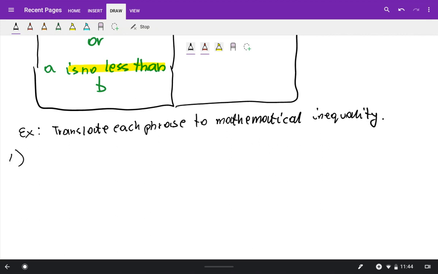Okay, so the first one will be: Bill needs a score of at least 92 on the final exam.